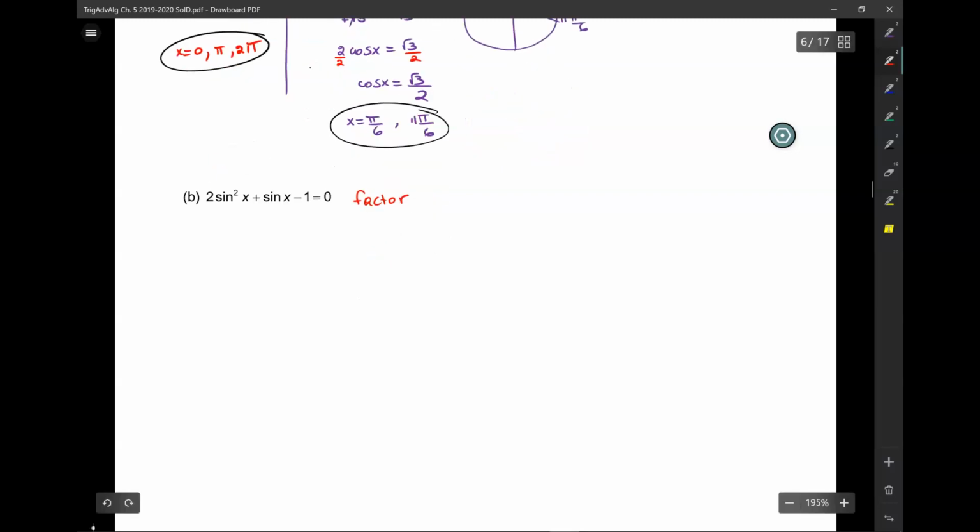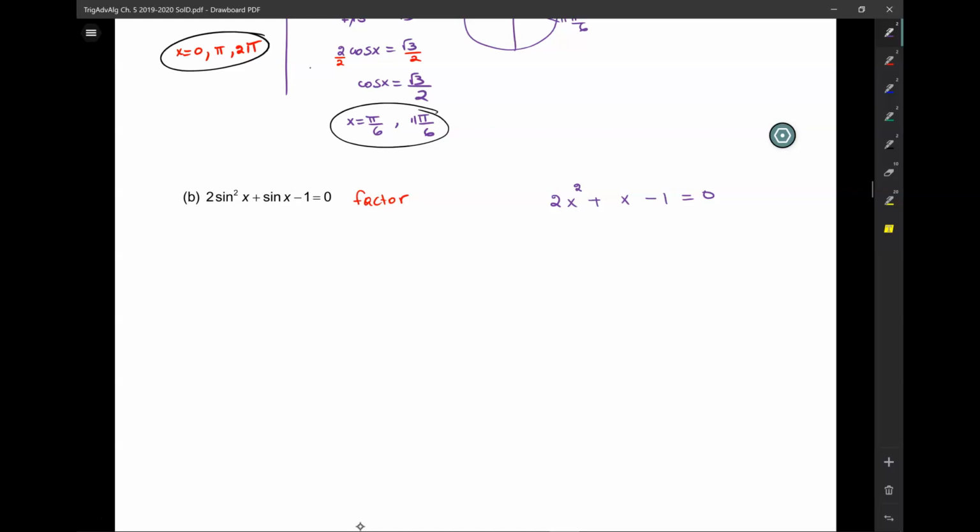So let's remind ourselves how we factored. If you have 2x squared plus x minus 1 equals 0, do you remember how to factor problems like that? Right, where when you have like 2x plus something, x minus something. So let's look at the form here. I have a variable squared, then the variable to the power of 1, then a term without the variable.